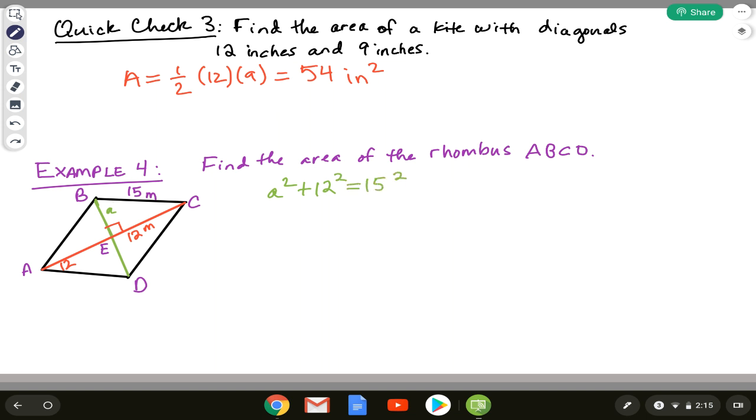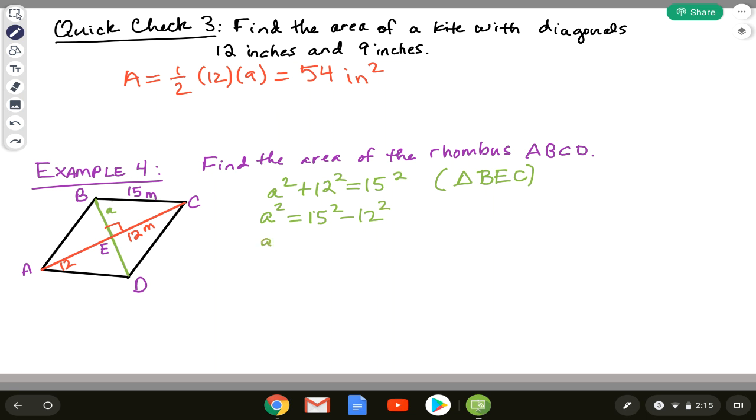So we're just looking at triangle BEC. Okay. So the hypotenuse was 15, one of the legs was 12, and the other leg we don't know. So I would be working this out. So A squared would be equal to 15 squared minus 12 squared. I'm going to work this out on my calculator in just a minute.